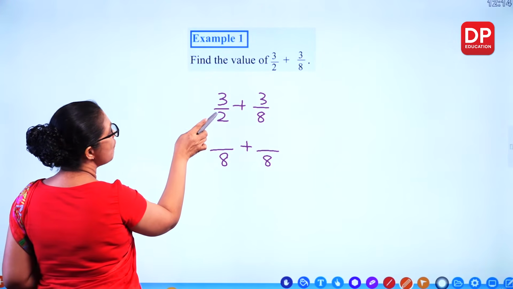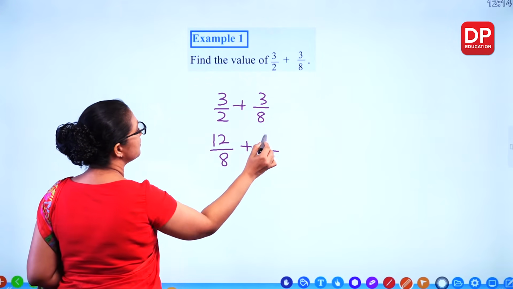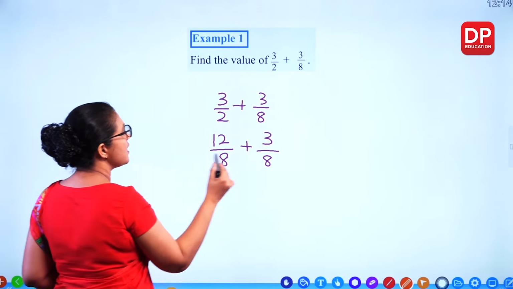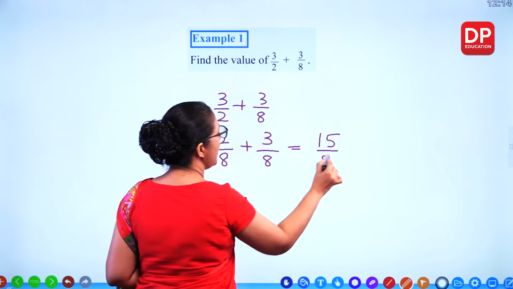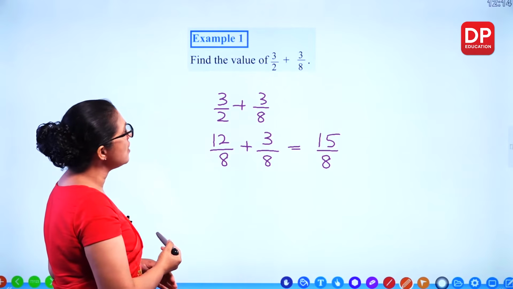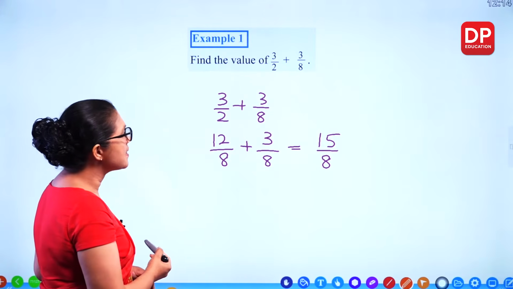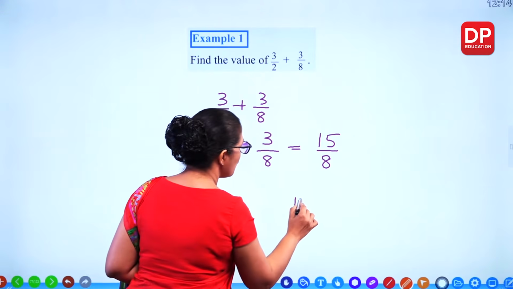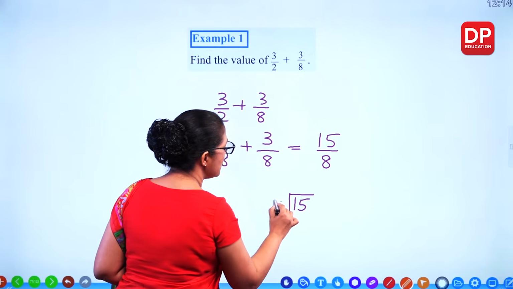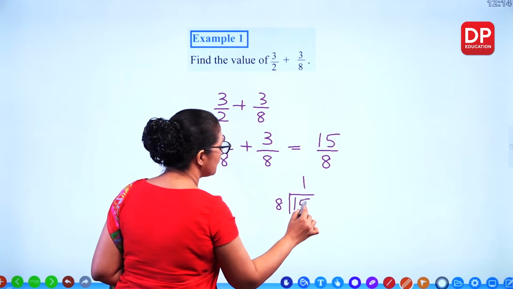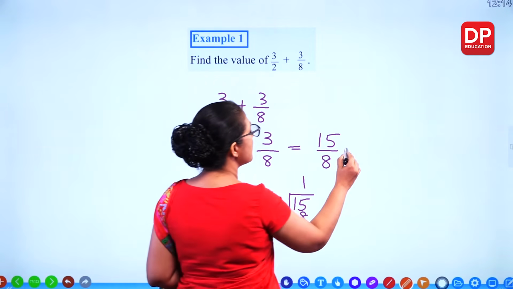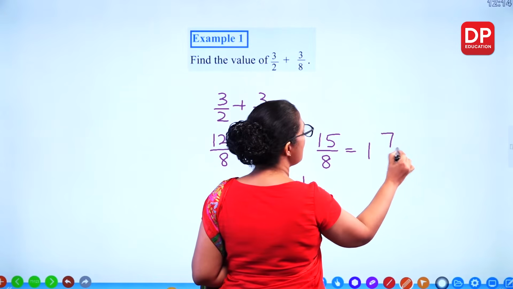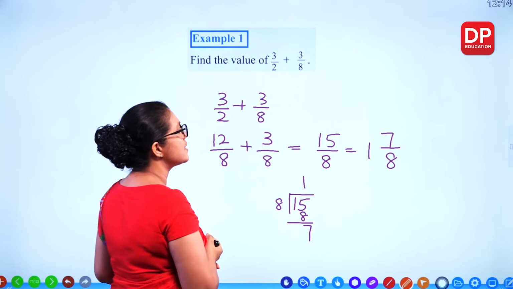This is multiplied by 4. 4 times 3, 12. Then 12 plus 3, you get 15 over 8. So this is an improper fraction. You can convert to a mixed number. How do you convert to a mixed number? 15 divided by 8 is 1 and 7 remaining. So 1 and 7 parts out of 8.